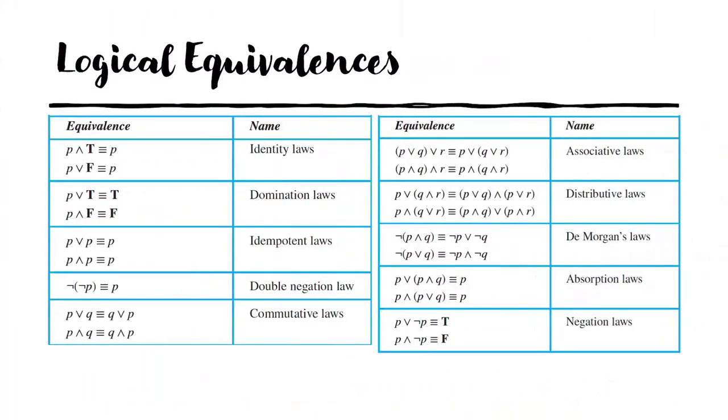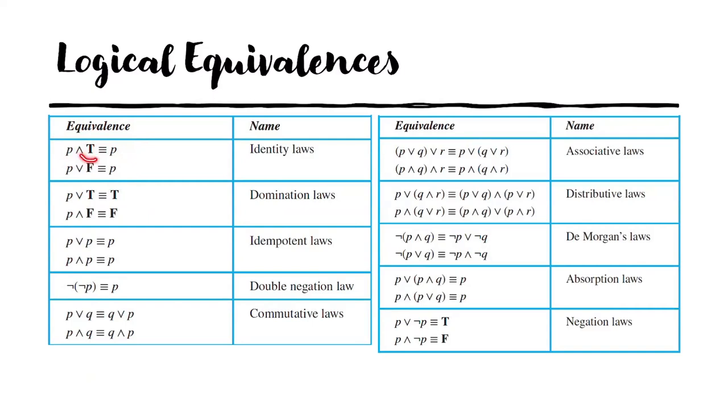So let's look at some logical equivalences that have a name to them. If you take P, do a conjunction with a tautology, which means a statement or proposition that's always true, then this compound proposition will just be equivalent to P. Because the conjunction is only true when both of your variables are true.